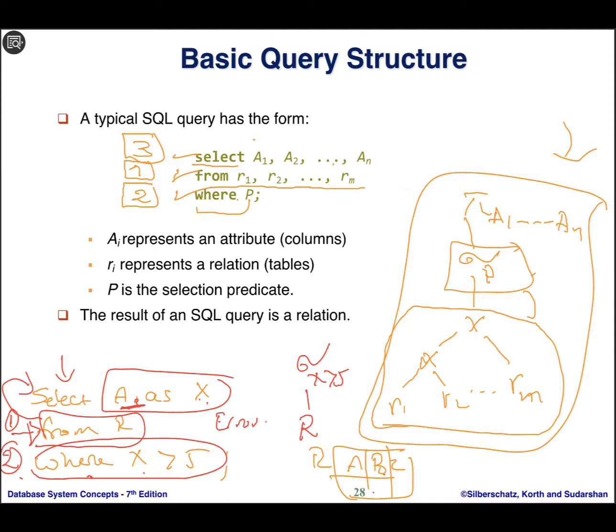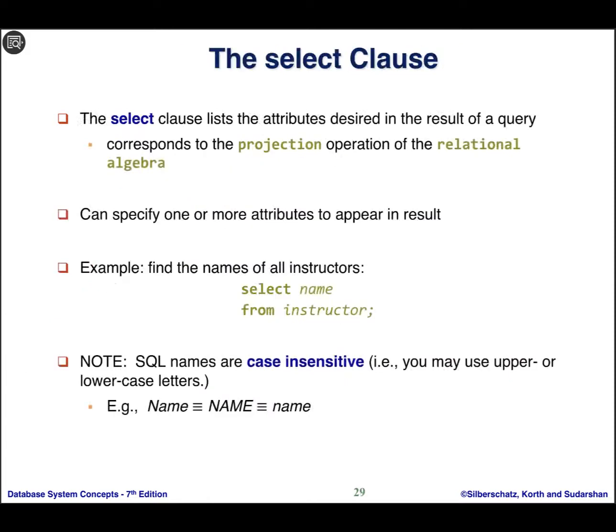Okay? By the way, what is the result of the SQL query? It's going to be a relation. Okay? So let's have an example here. Find the names of all instructors. Let's do this one in the relational algebra. In the relational algebra, you're going to do what?